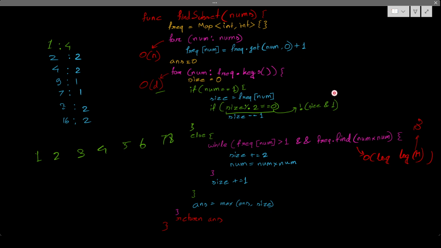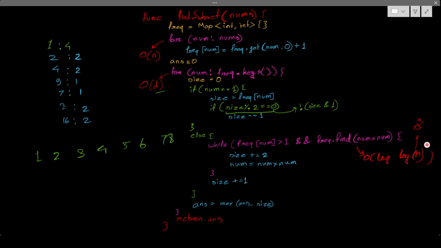Fine. So if it is d number of times, hypothetically, then how much time will it go? It will go log of m. m is nothing but the maximum number present in the array, at most.